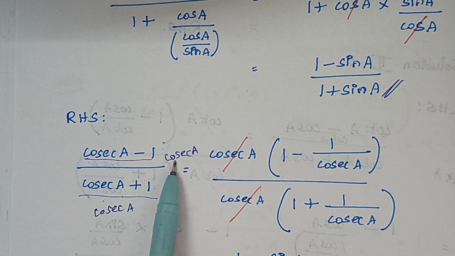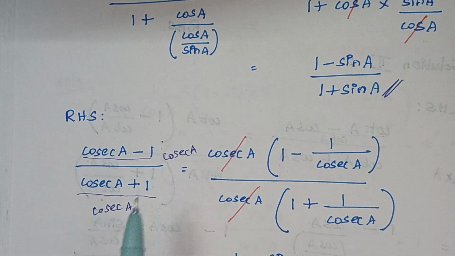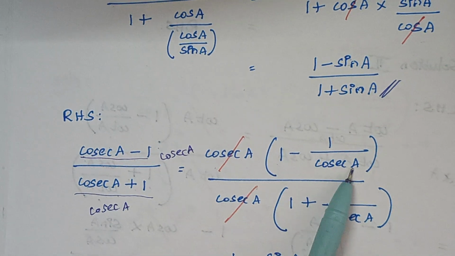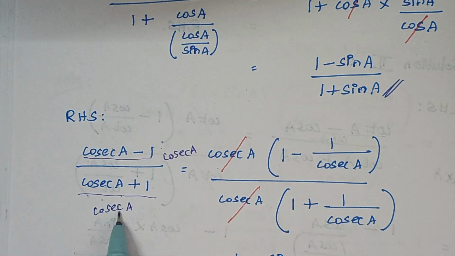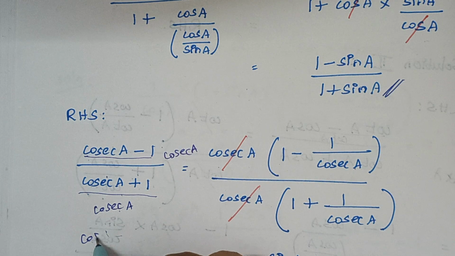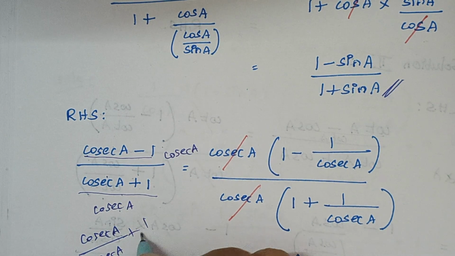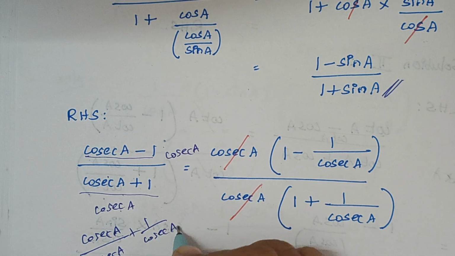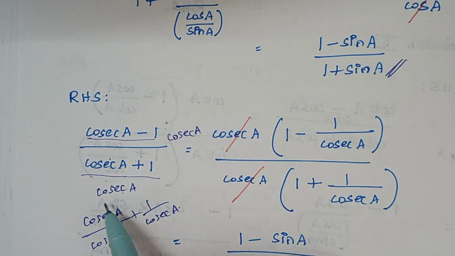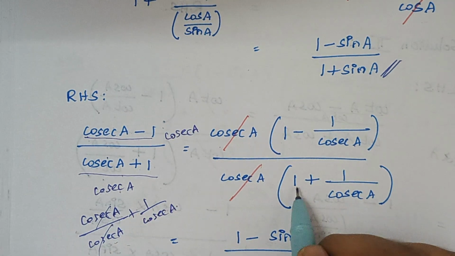So when you divide, what happens? Cosecant A by cosecant A becomes 1 minus, and this 1 by cosecant A will remain here. Right. Similarly for the denominator term, you have to split and write cosecant A divided by cosecant A plus 1 by cosecant A. Right. So here cosecant A cancels, and the answer will be 1.